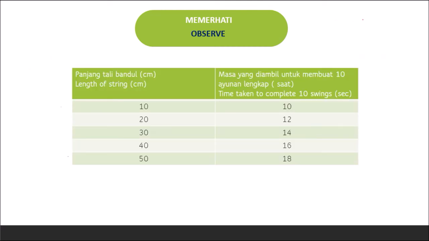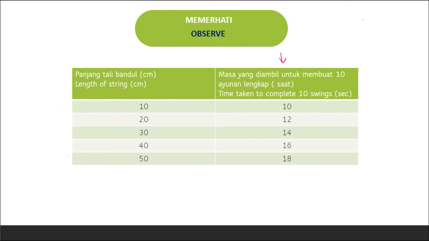Now let's see this information, this data. So how many data you've been given? More than two. So if you want to make an observation, you must look at this side, this layer of table. Here you got length of string and time taken to complete 10 swings in second.